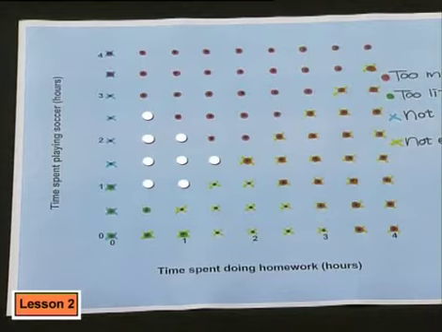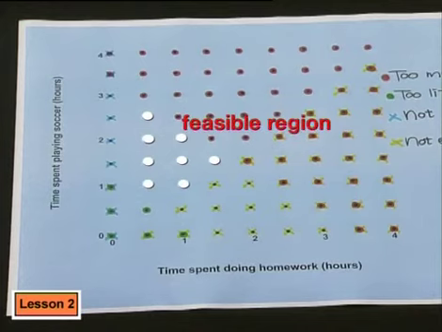We have systematically crossed off all the points that aren't possible, so we are left with the points that are possible. These 8 points are a collection of all possible solutions. In the language of linear programming, we call them the feasible region. I think I get it.